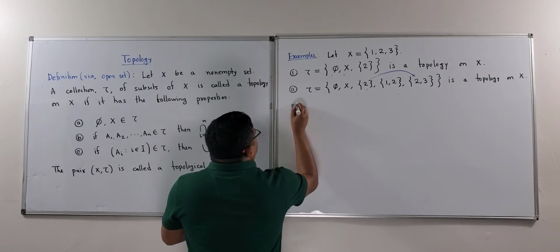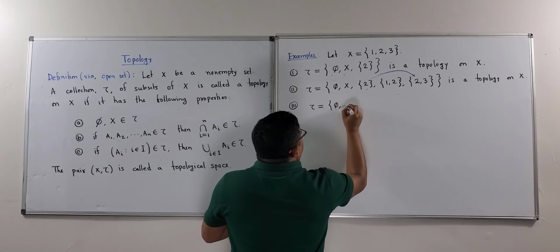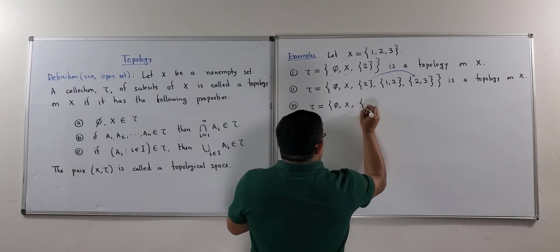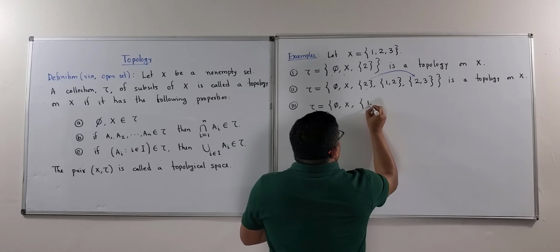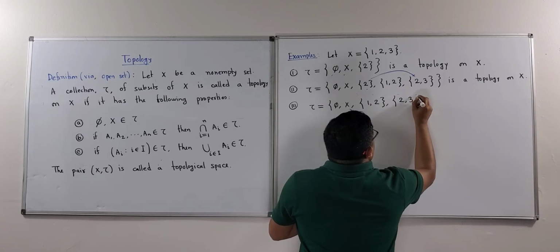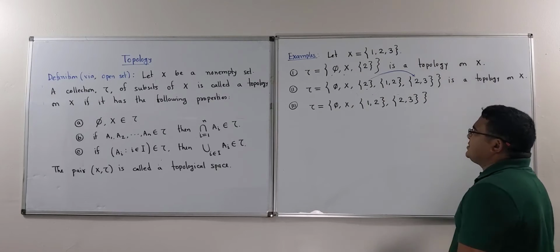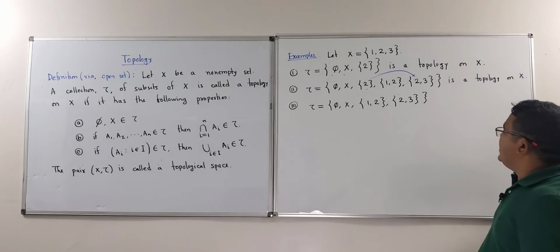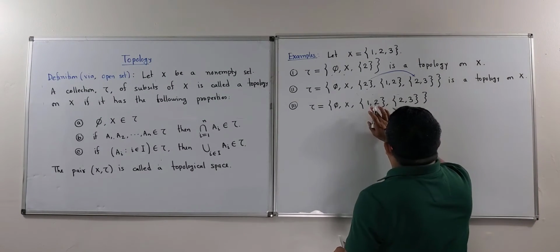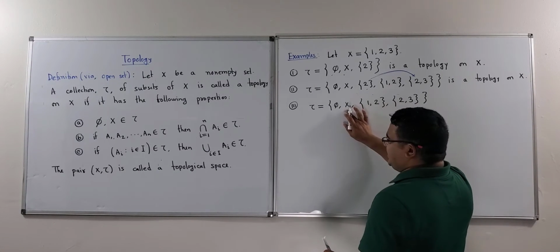Now the next example. If we think tau equals the empty set, X, 1 2 and 2 3, is it a topology? The answer is no. Why? Because if you take the union of this one and that one, the union is 1 2 3, that is already here.